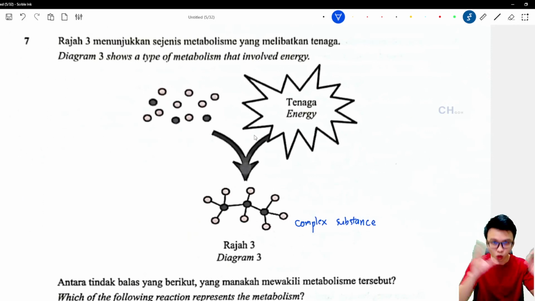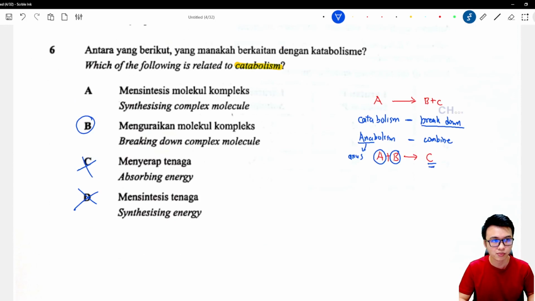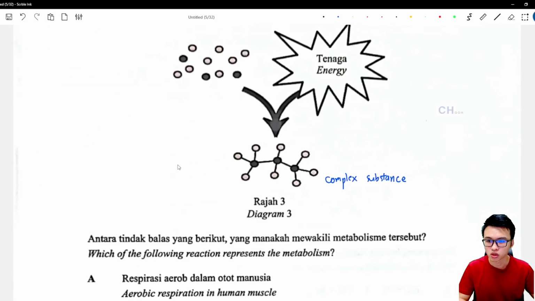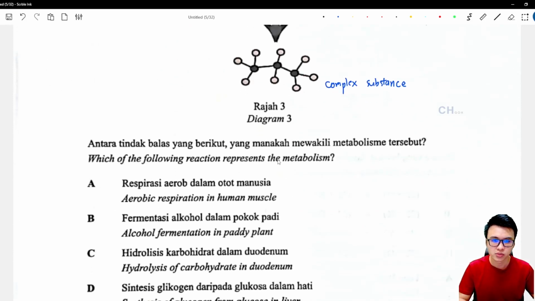As we mentioned, this whole process is anabolism. We want to combine two things together to become a complex molecule. So this is what they did. Now look at question 7. The question is, which of the following reactions represents this metabolism? It is anabolism, correct or not? It is anabolism.